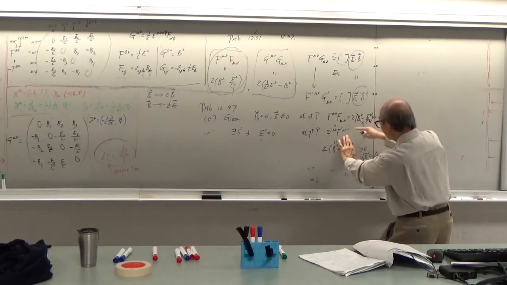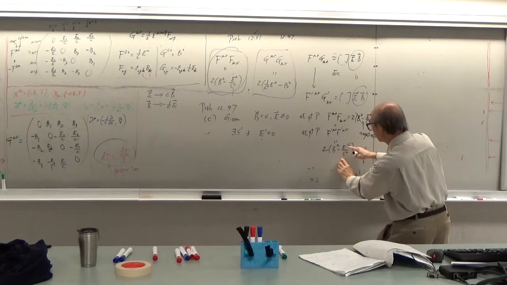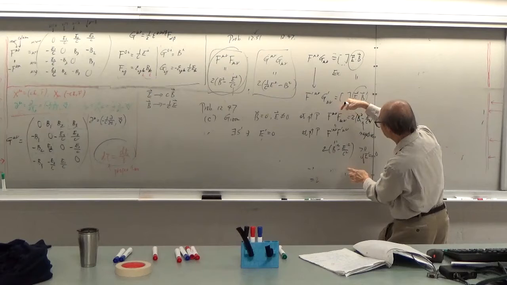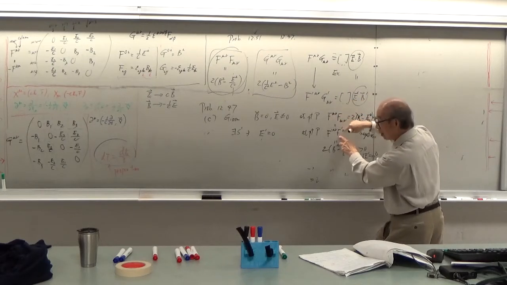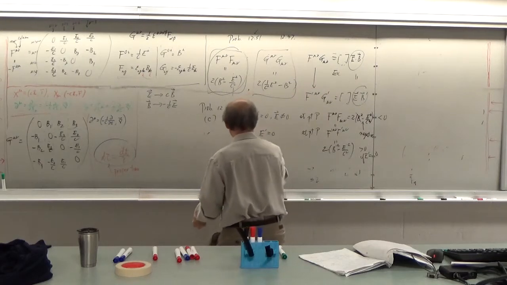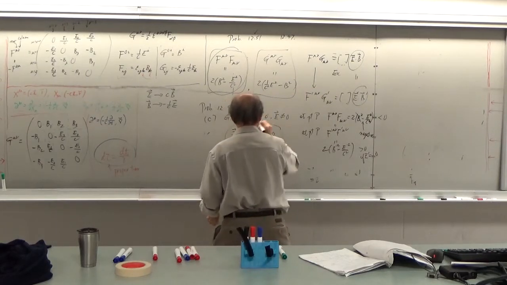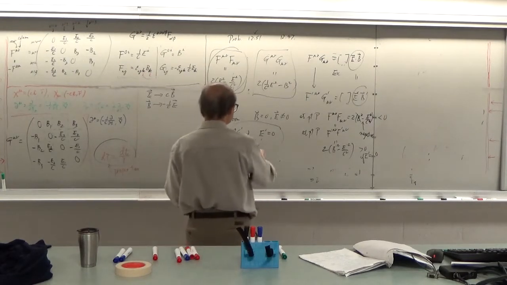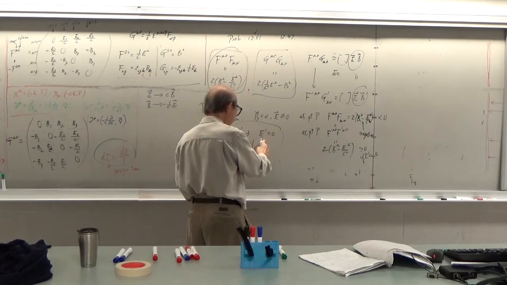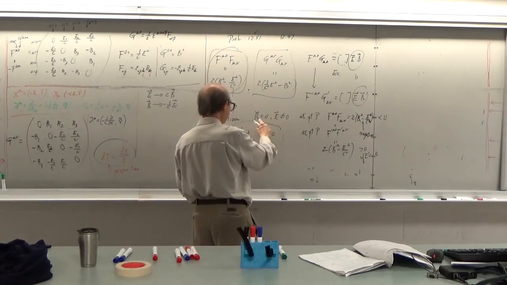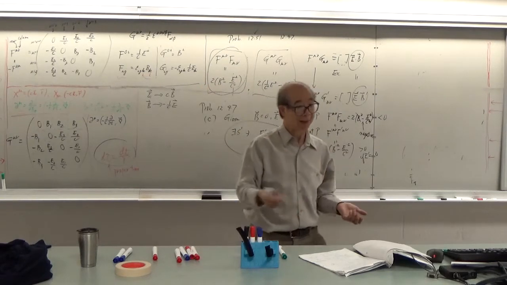Whereas this is negative, and now if E prime is 0, then this is going to be positive. This is negative, this is positive, but they are supposed to be equal. That's impossible. Therefore, no. There exists no frame in which the electric field is zero, at the point where in one particular frame B is zero but E is non-zero. So that's it.